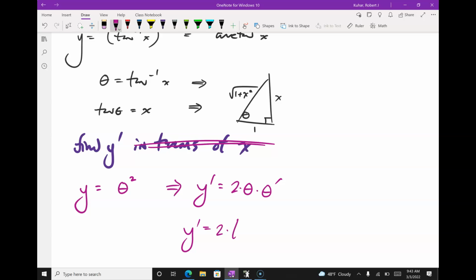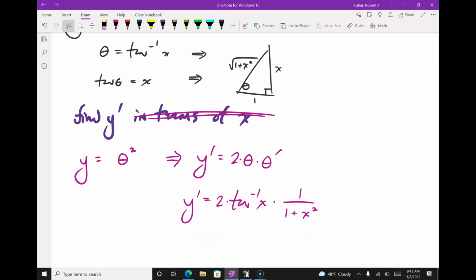So 2 times the inverse tan of x, I don't think I can change that at all, right? Times the derivative of the arctan, which we have memorized, yes? 1 over 1 plus x squared. So there's nothing else I can do with that one. Done.